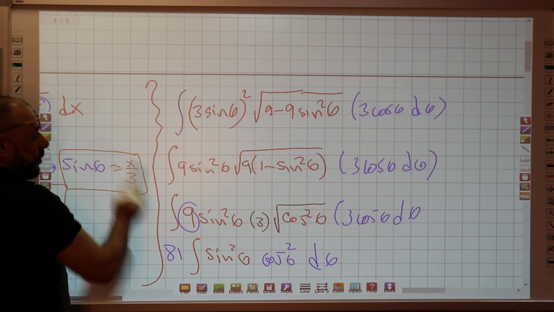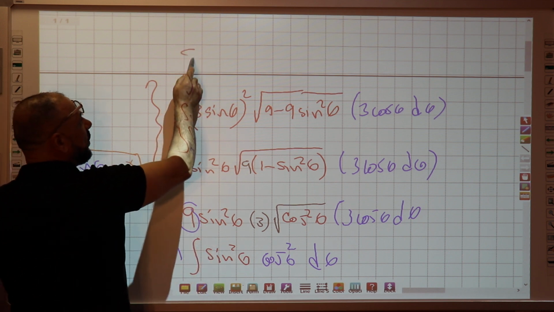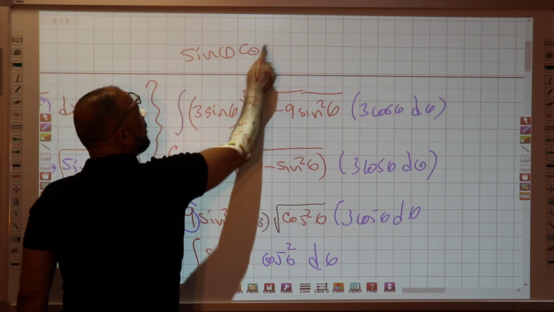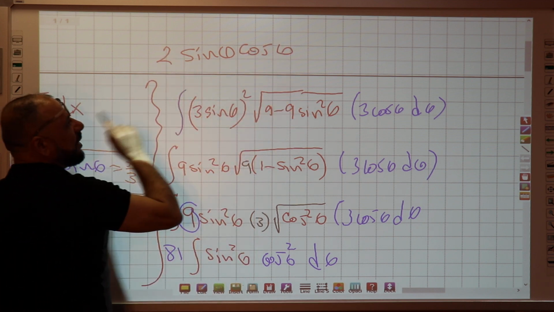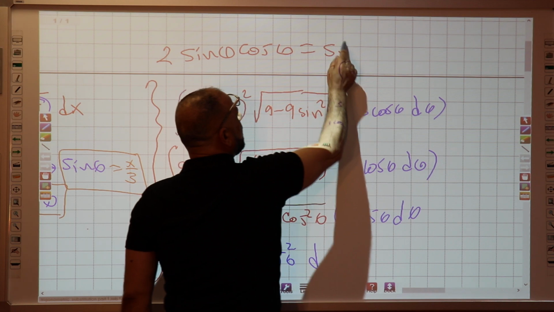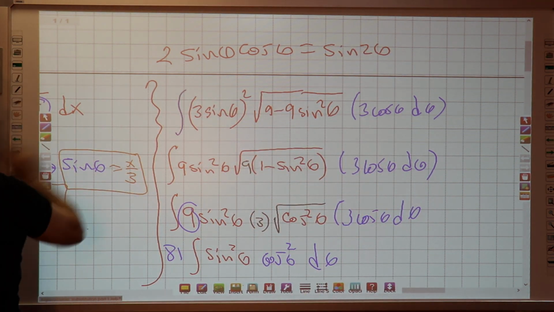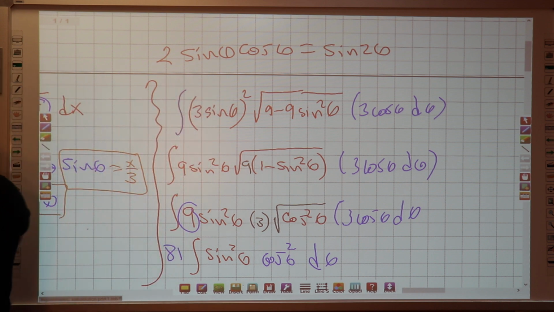Here, we have sine theta cosine theta equal what, Ismail? 2 sine theta equals cosine what? Now, what we have now, we need only this guy, right? Let me just move my board a little up.